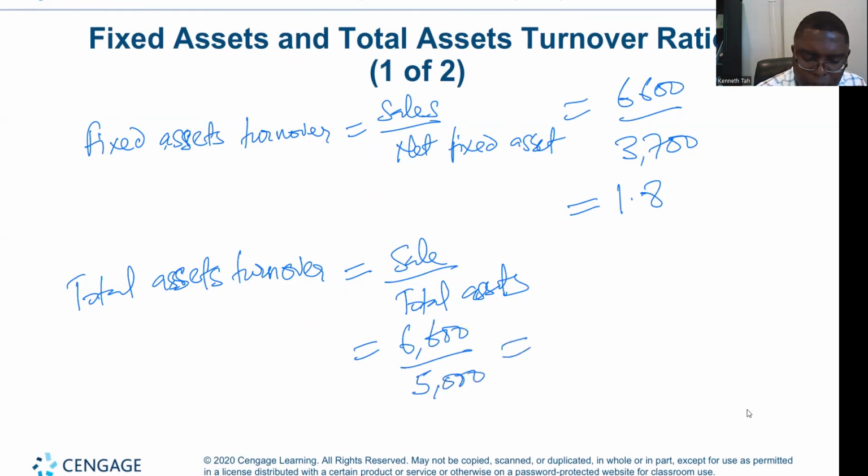So that gives us total asset turnover of 1.320. So this is total asset turnover and fixed asset turnover, which measure how efficiently the firm uses its plant and equipment. So we want a higher ratio.